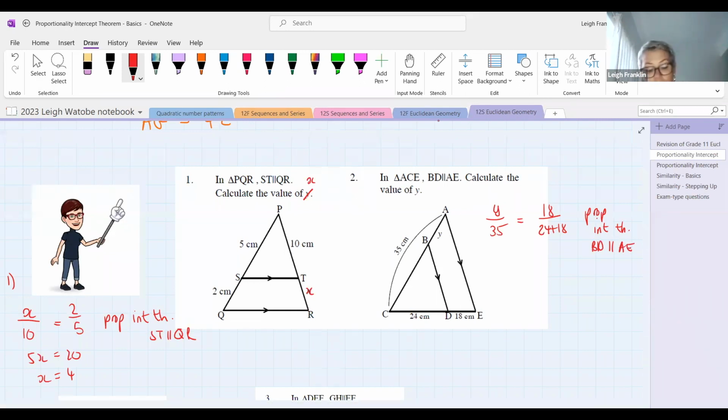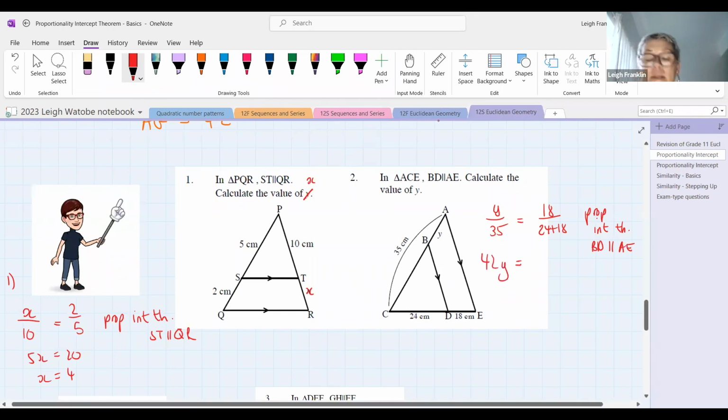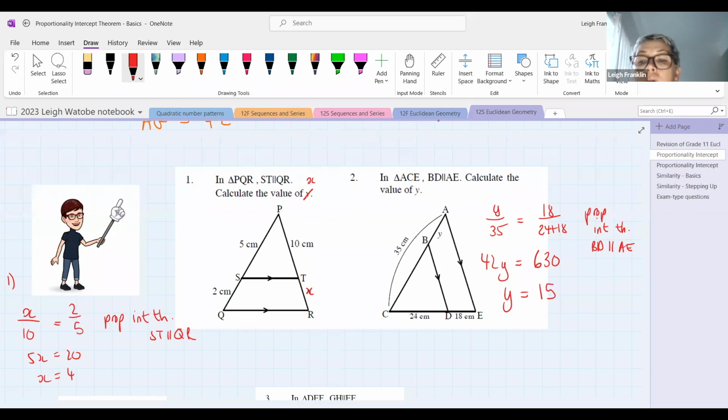So if we add 24 and 18 together, we're going to end up with 42. So that means we've got 42y is equal to 18 times 35, which gives us 630. Divide both sides by 42. And as you guys had said correctly, y would be equal to 15.